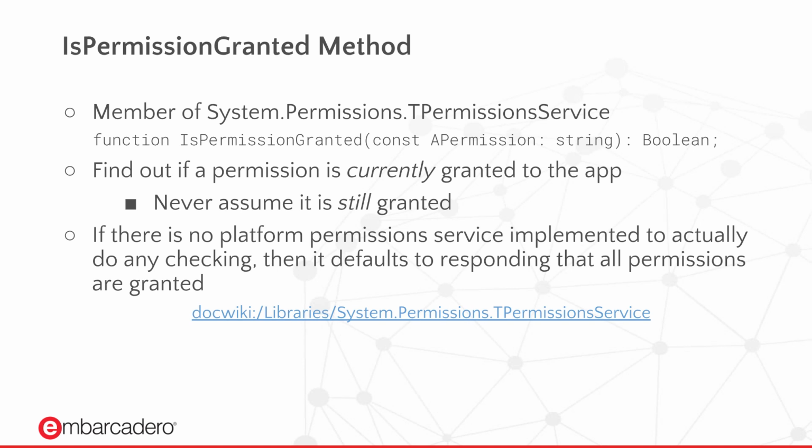No, you don't need to do that. But don't assume between scenarios. So if the user presses a button and goes to a new screen, and you checked when the user pressed the button, and then on the new screen you go to use the permission again when they press another button, check it again. So every time the user interacts with it, you want to check the permission again.